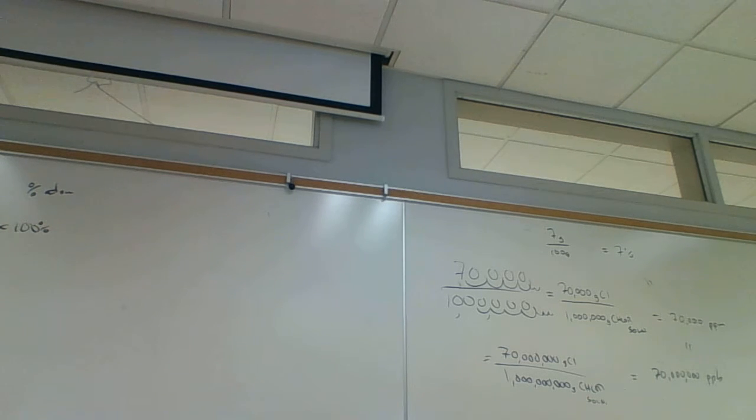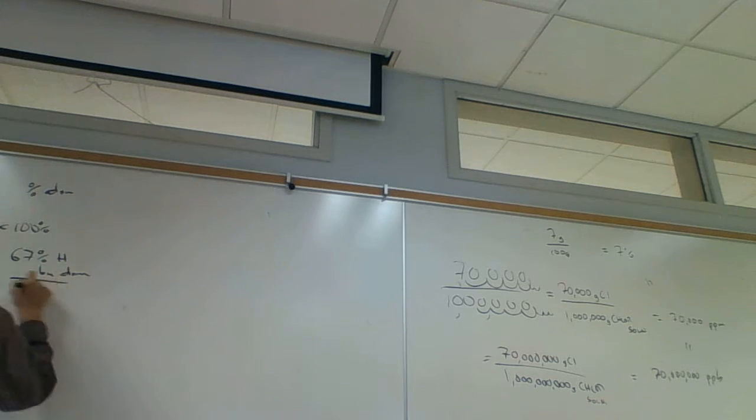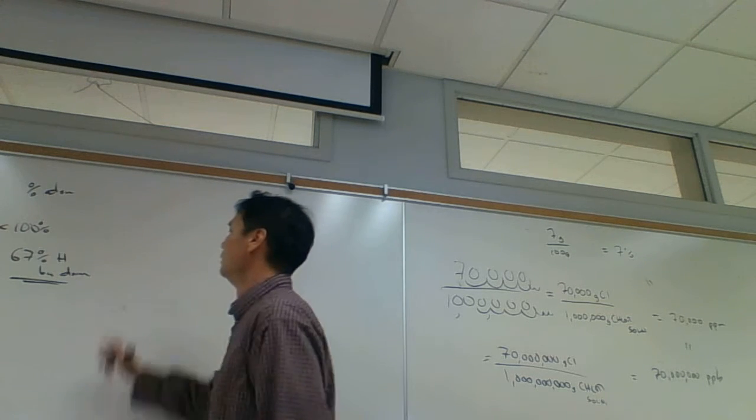If we multiply by 100%, we get 67, I'm rounding here, 67% hydrogen by atom. Not by mass. The hydrogen atoms don't weigh much compared to oxygen atoms. Oxygen atoms weigh a lot more, 16 times more. And so we had 67% hydrogen by atom.